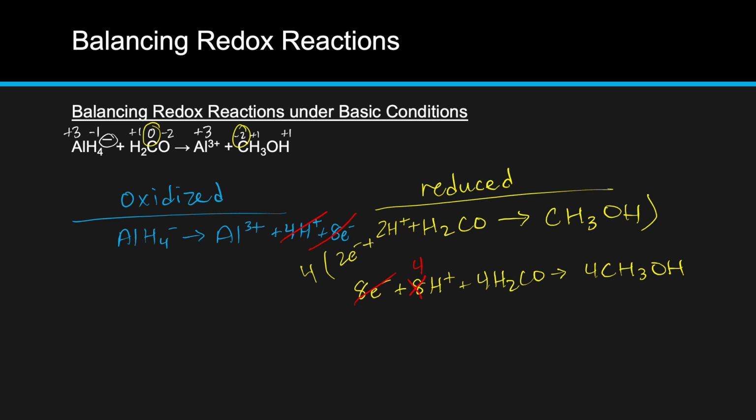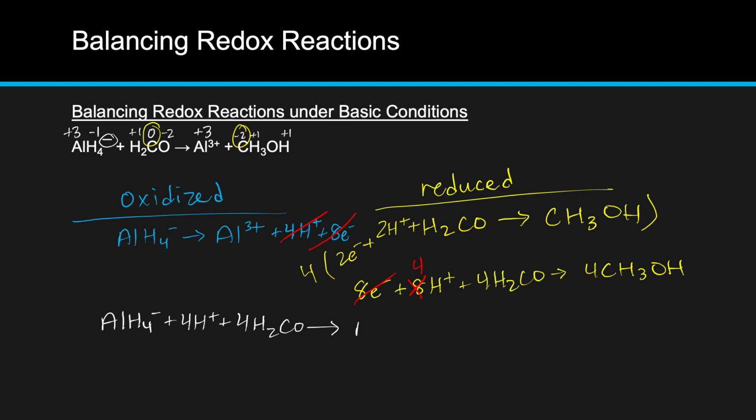So let's go ahead and combine those two half reactions. For the reactants, I have AlH4-, and then I also have my other reactants from the reduction half equation. I have my 4 H+ ions, and I have my 4 H2CO.